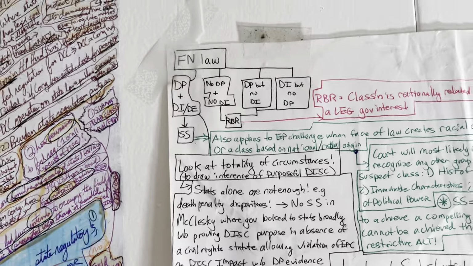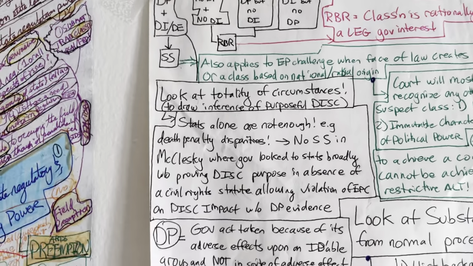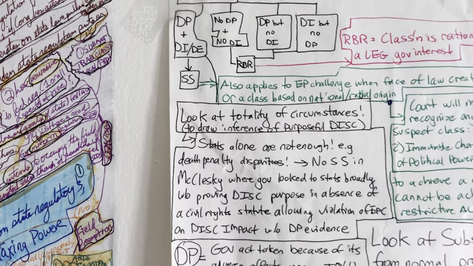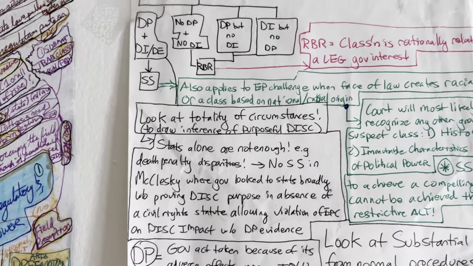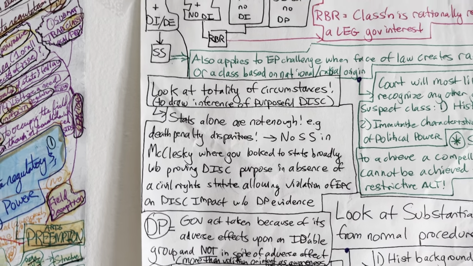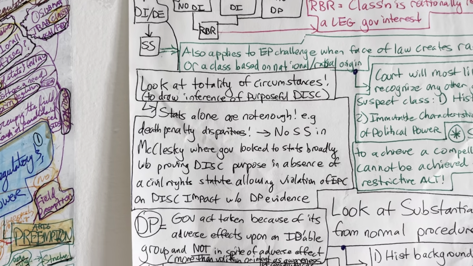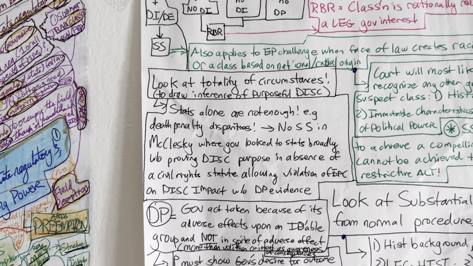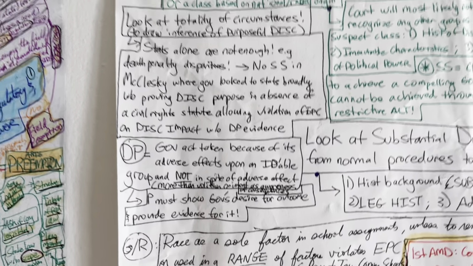So when making this determination, we really need to look at the totality of circumstances. Very similar words that we'll use in our criminal procedure lecture, really looking at the totality of circumstances in order to draw inferences of purposeful discrimination, where statistics alone are not enough.